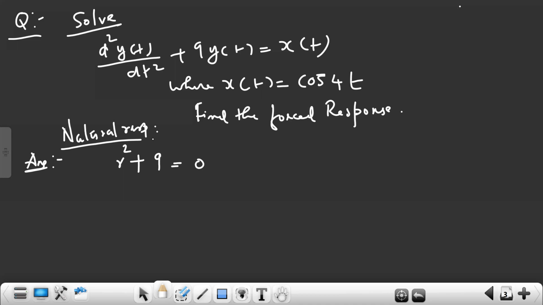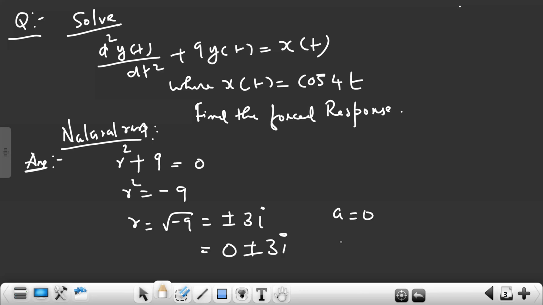Now all of you find the value of R. R square is equal to minus 9. So R is equal to root of minus 9, that is plus or minus 3i, or 0 plus or minus 3i. So the real part is 0 and the imaginary part is 3. The roots are complex numbers.